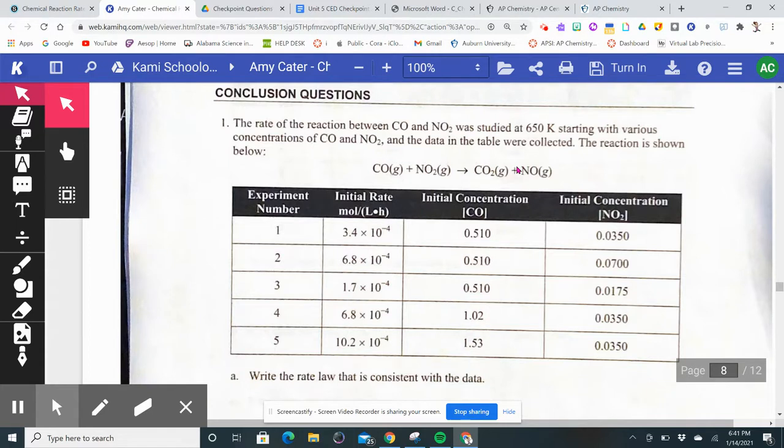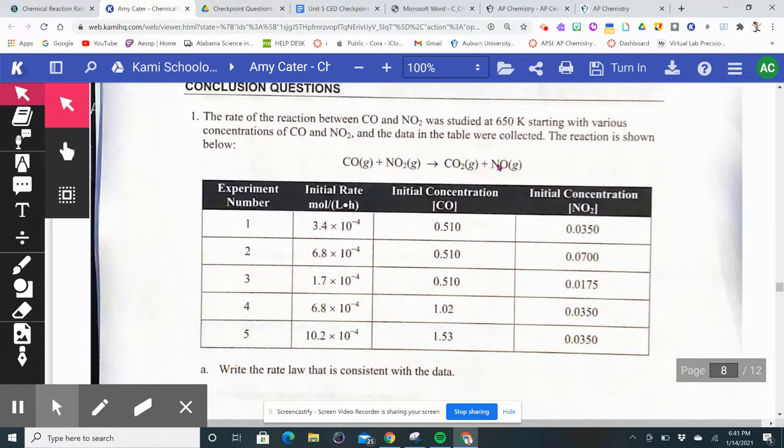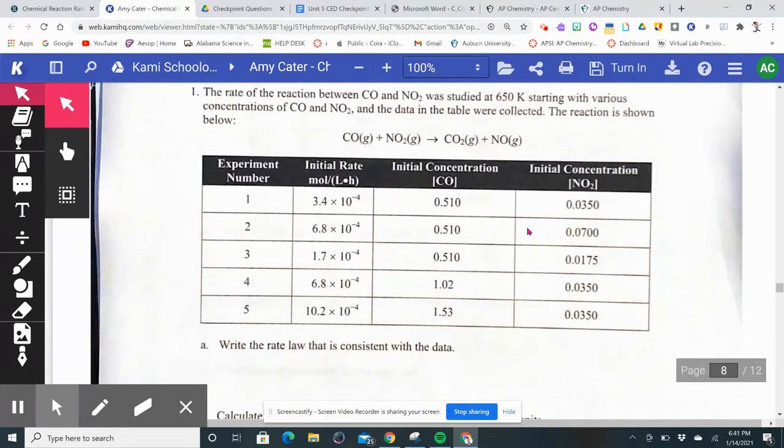The reaction is shown below. So here's your chemical equation. You'll need to make sure that it's balanced, and in this case it is. And here's your data table. The first thing you have to do is write the rate law that is consistent with this data.